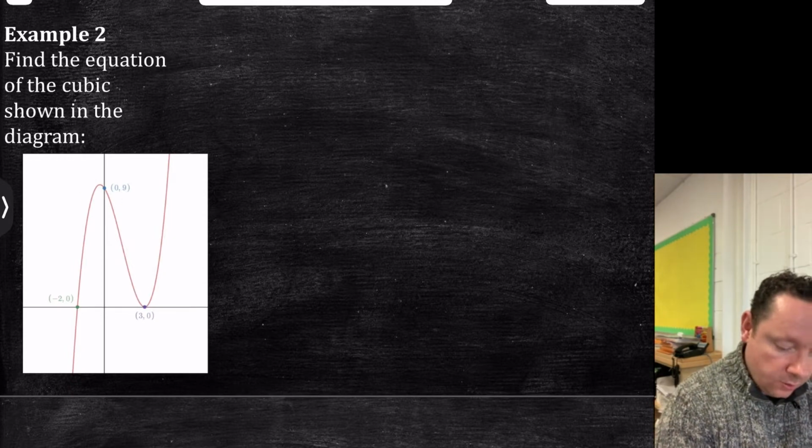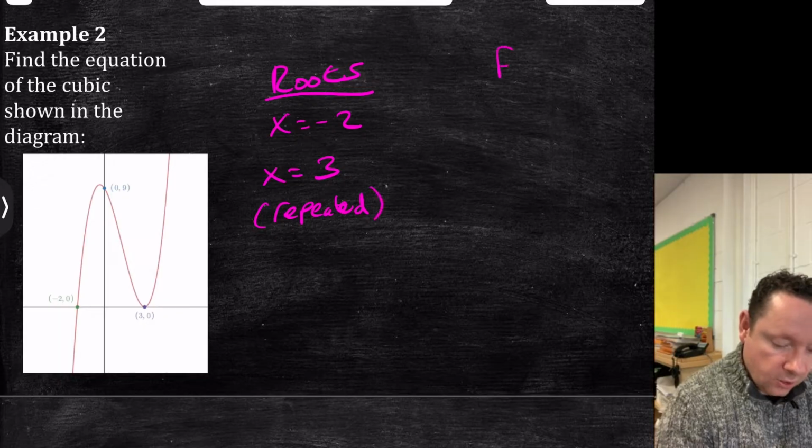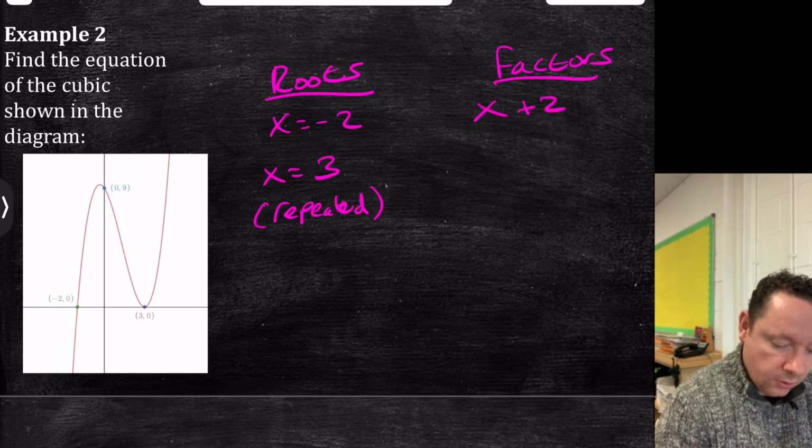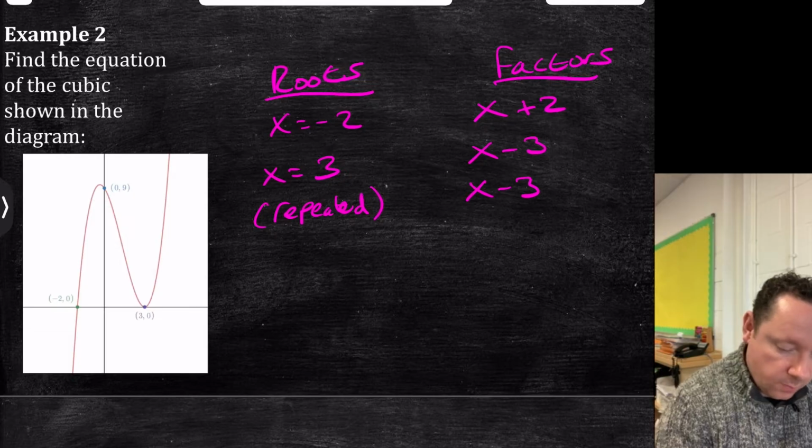So step 1, looking at our roots, we have got x equal minus 2 and x equal to 3, which is repeated. So that means our factors are x plus 2, x minus 3, and x minus 3 again, because it's a repeated root, because it's a turning point right here.